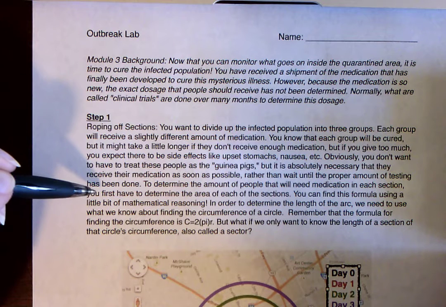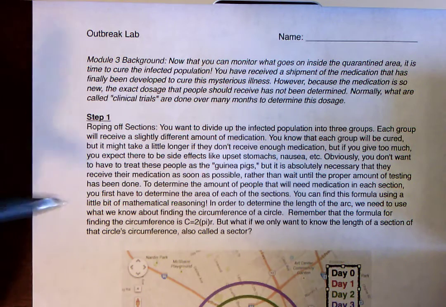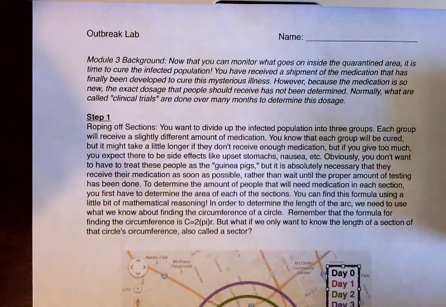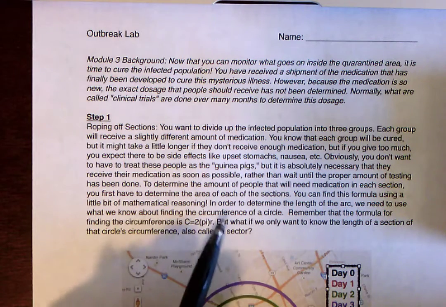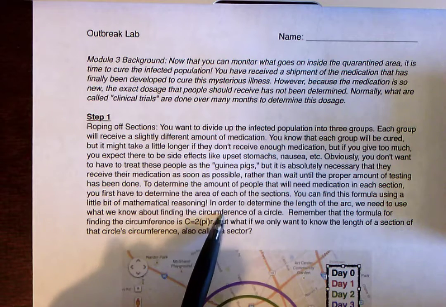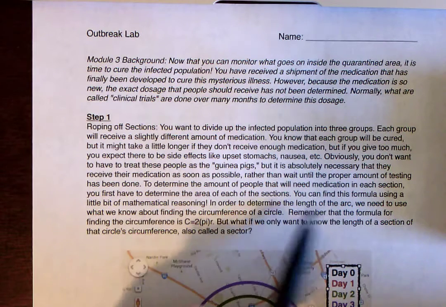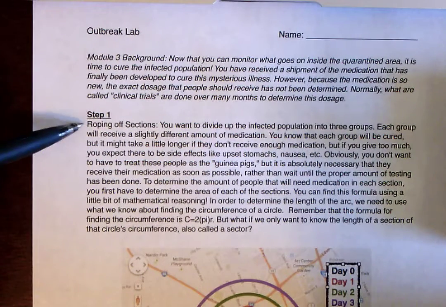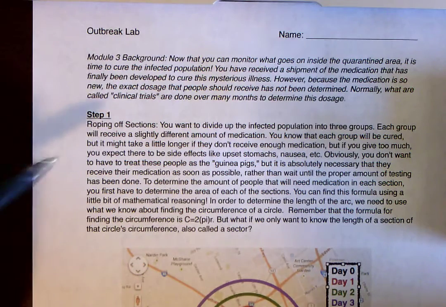And so it says to determine the amount of people that will need medication in each section, you first have to determine the area of each of the sections. And so we'll be using some mathematical reasoning in order to find the areas. So it says here to determine the length of the arc, if we're trying to rope off the sections, which is what we're going to do first, then we'll need to use arc length.